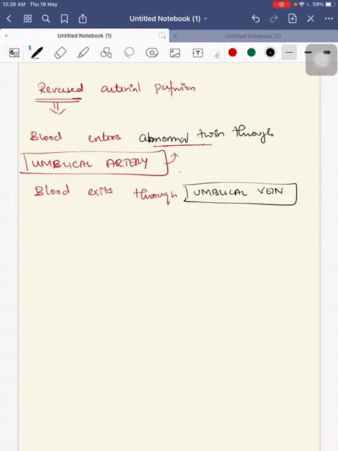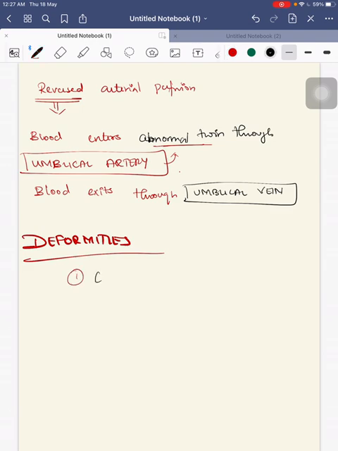Next complication, it can lead to deformities like club foot, dislocated hip, craniosynostosis.